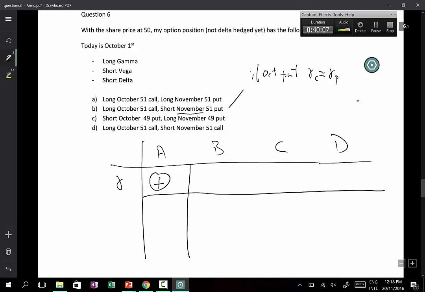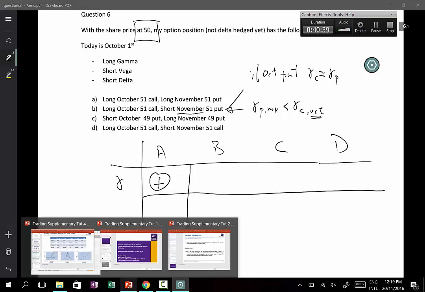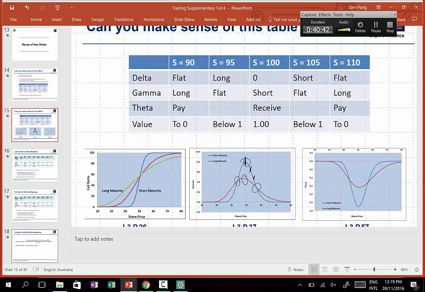In fact, the gamma of the November put would be slightly less than the gamma of the call for October, because a shorter term option has a higher gamma than a longer term, and they are approximately symmetric versus the spot price. Again, for the 35th time, it's all to do with this diagram here. Okay, so understand these three charts and you can do a lot of questions.